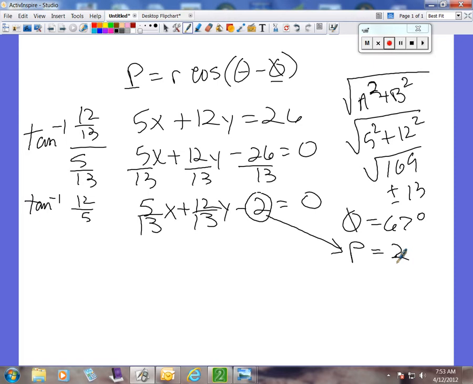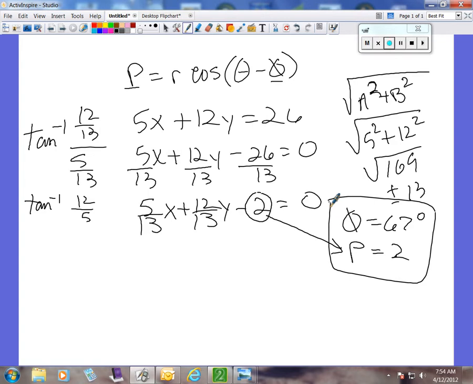Now I can just write my equation. But how do I know this is my final answer for the degrees? Remember, it's your reference angle to begin with. You've got to figure out which quadrant you're in. What do we look at to see what quadrant we're in? Yes, A and B. Here, remember, once it's in normal form, isn't it positive, positive? Remember that?